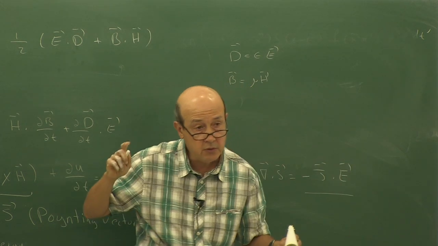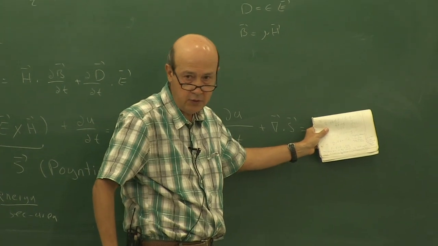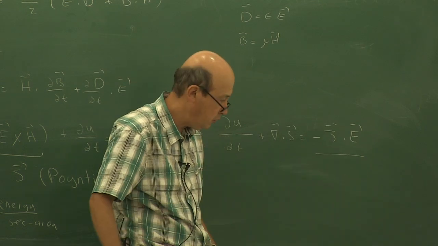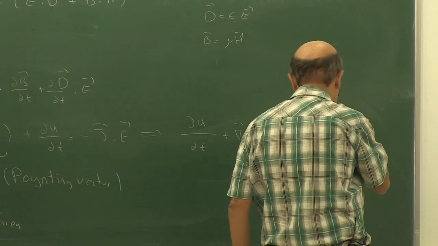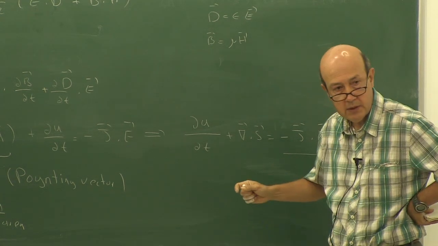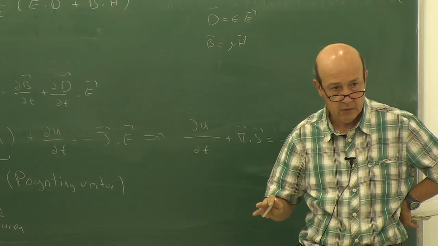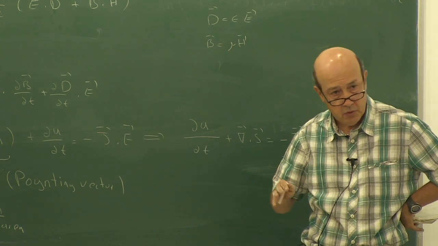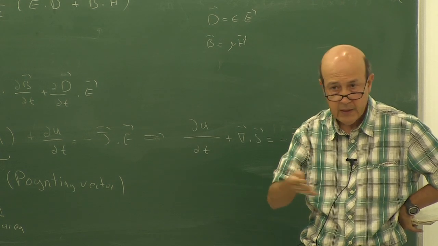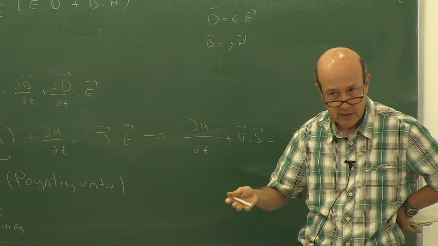If there is no source in the volume, this will be 0, that is a continuity equation, but here you have a continuity equation with a sink term. What can you say for this equation? On the right hand side you have some power loss due to the motion of the charged particles. Why are the charged particles moving? Because of the electric and magnetic fields. There is some power dissipation, thermal energy.